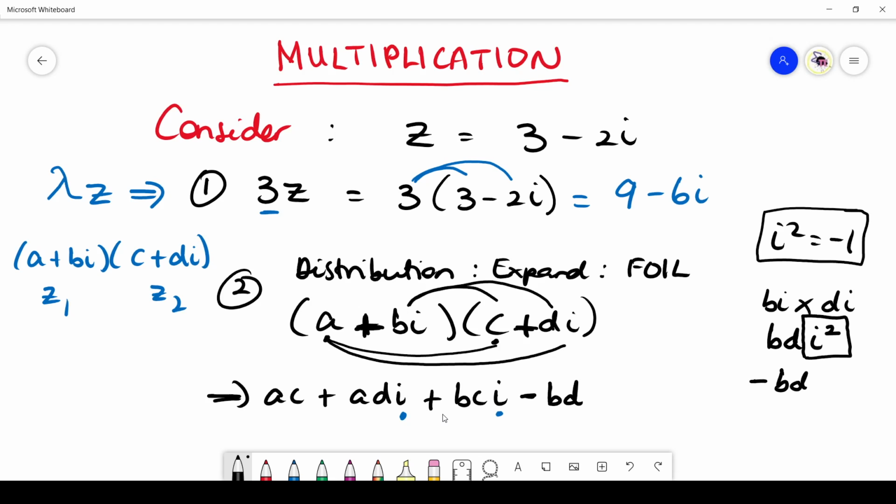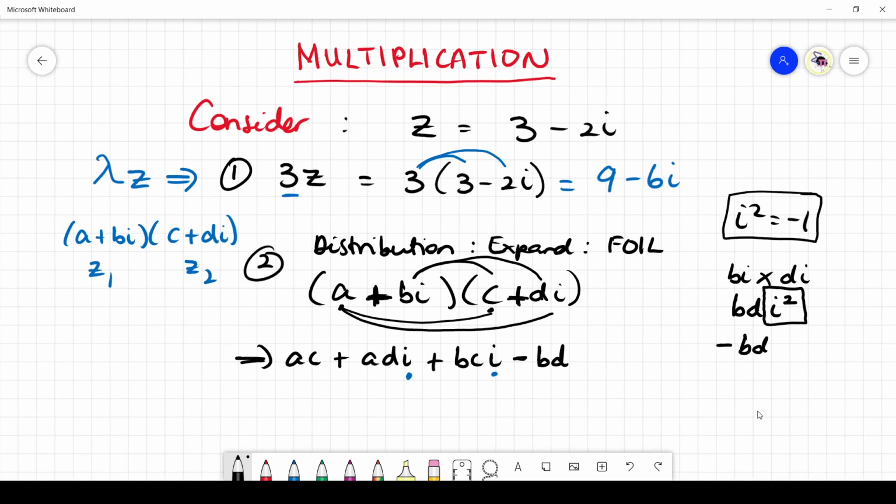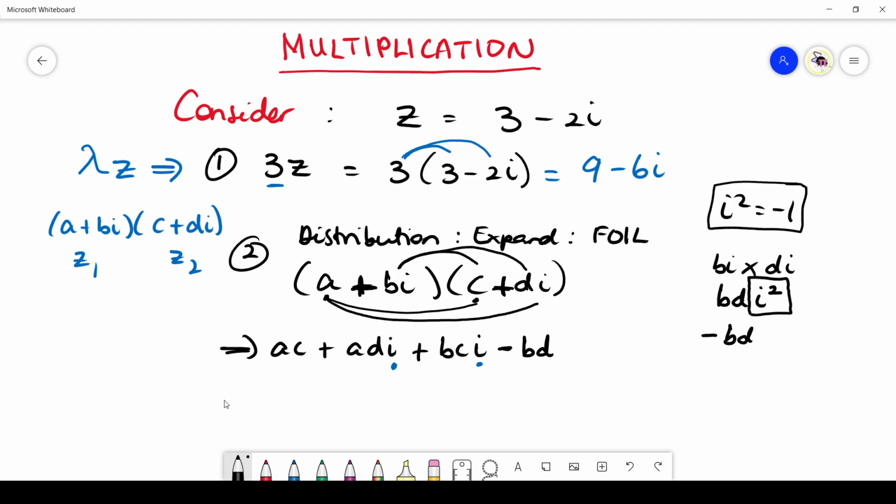So what you want to do is just take your time and rearrange these in such a manner where you have everything that's real, or everything that looks seemingly real, brought together. A lot of students would have forgotten to bring that negative bd up top. Remember, when you're moving a term around, you have to move the sign that is in front of it as well. And then we're going to factorize out that i to get ad plus bci.